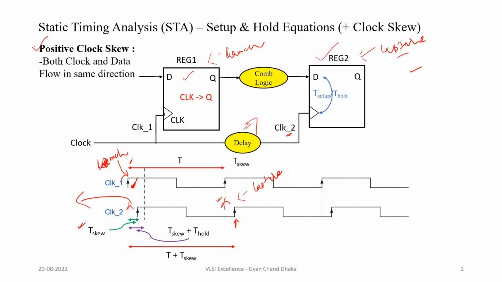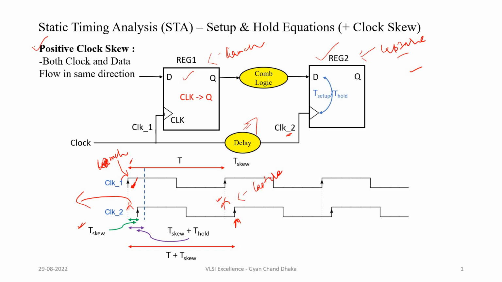But once there is a clock skew, the capture clock has shifted by the T skew time, and now the capture edge is coming here. So actually speaking, the delay between the launch and the capture point has increased by T skew time.